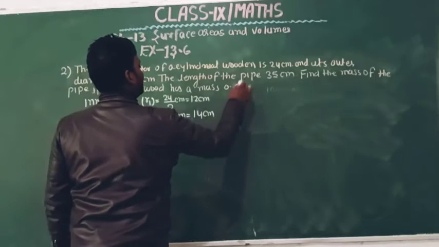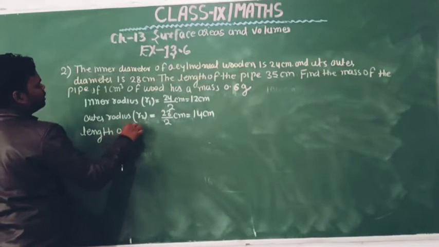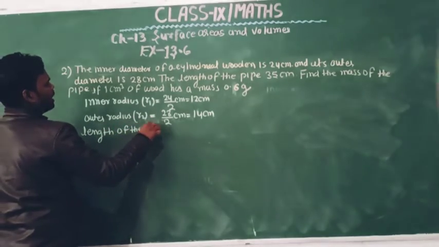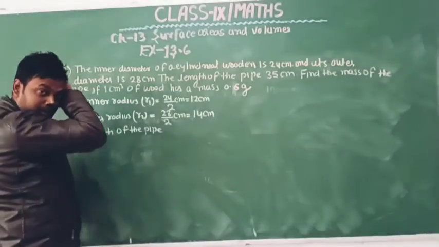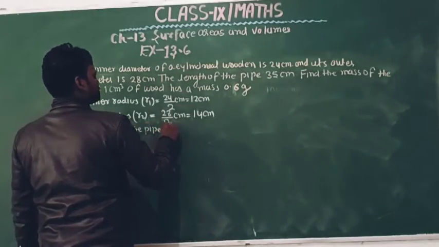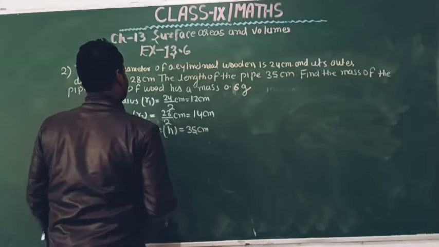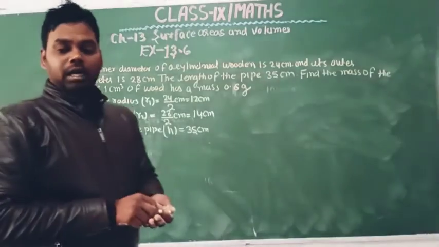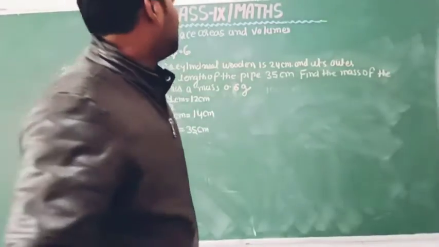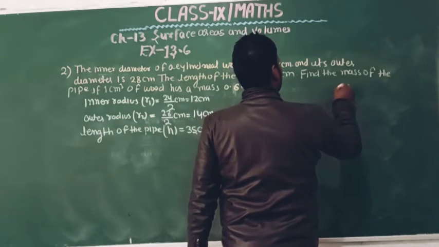And the length of the pipe is given. This is in the form of a cylinder, so its height is 35 centimeter. Also draw here its simple diagram.